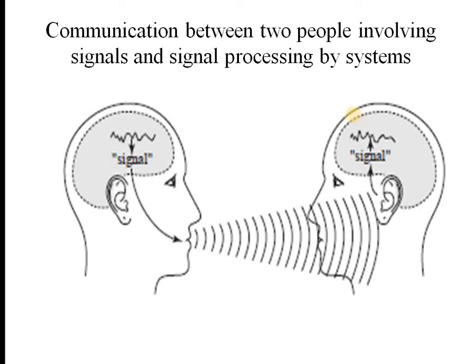Everything is fine here. The speaker has uttered a word, something like signal, and the listener was able to hear it as signal. But how does the listener's brain know that the complicated pattern is the word signal?